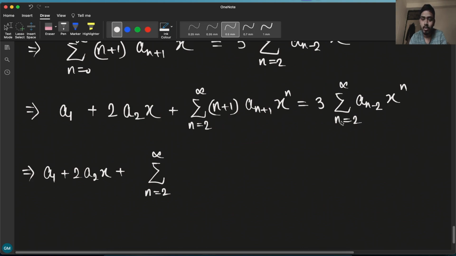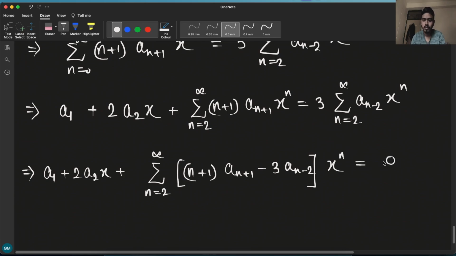In both cases, n is now going from 2 to infinity. So now we can take them in a single bracket: (n plus 1) a(n plus 1) minus 3 times a(n minus 2), times x to the power n, equals 0.